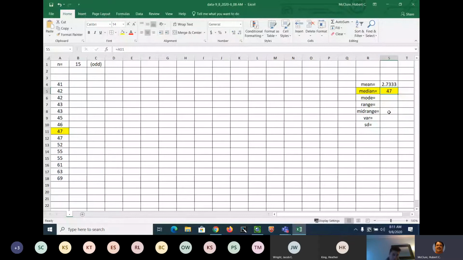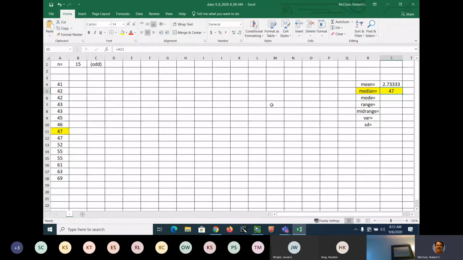Notice again, I'm carrying it out to several digits, and you need to do that. You can at least go to the 100th, because most of your homework questions or test questions will round the final answer to the 100th or the 10th. Every once in a while, you'll get one that says 3 decimal places.